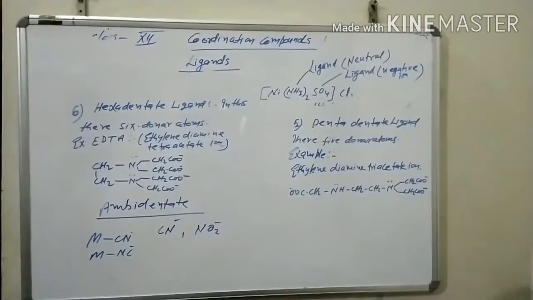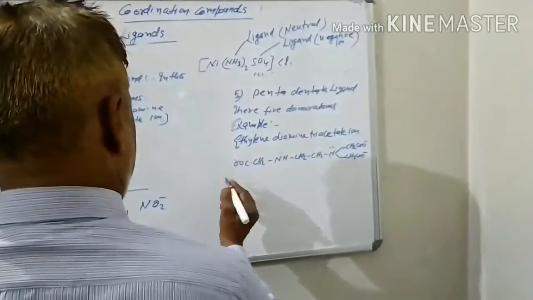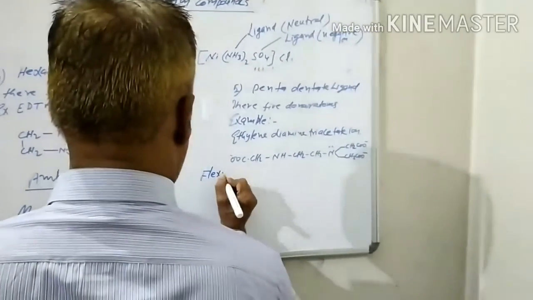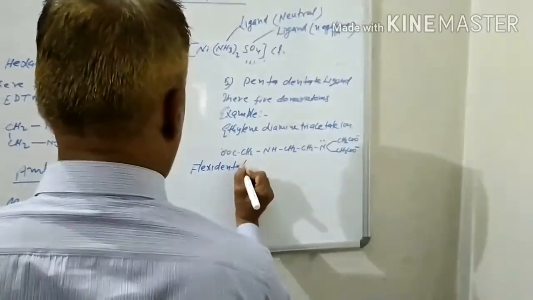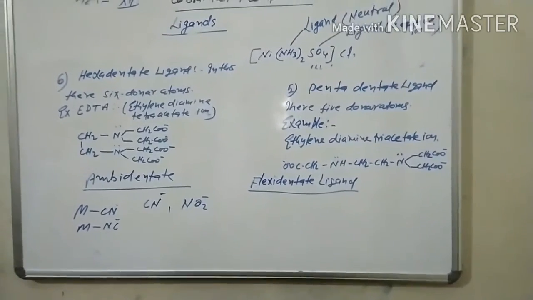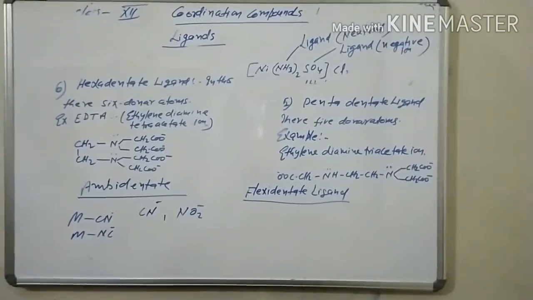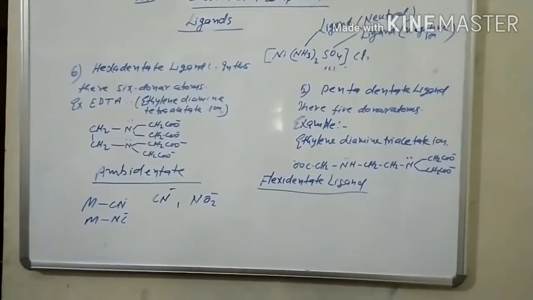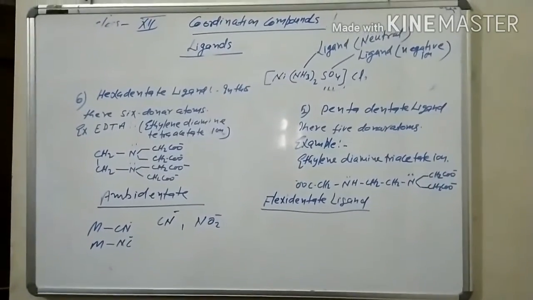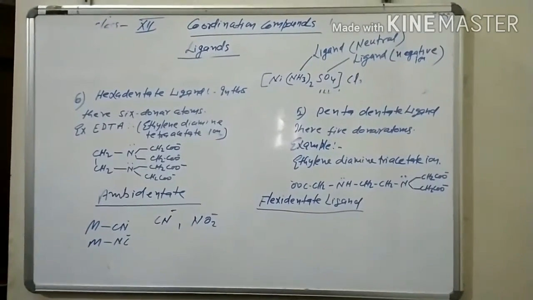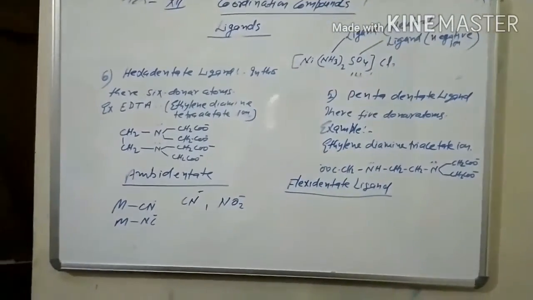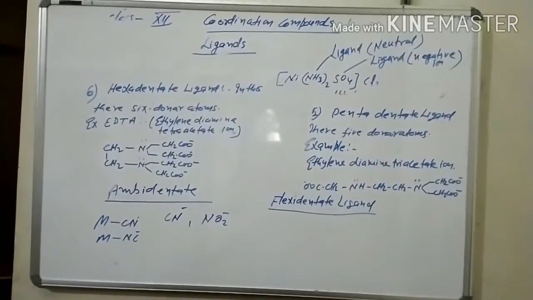There is another type, the flexidentate ligand. It is a polydentate ligand, but all donor atoms are not utilized in coordination with the central metal atom or ion, and such polydentate ligands are called flexidentate ligands.